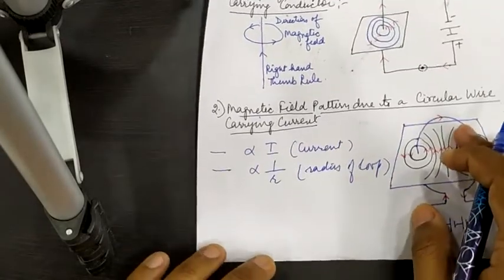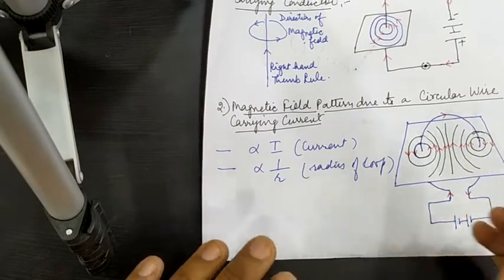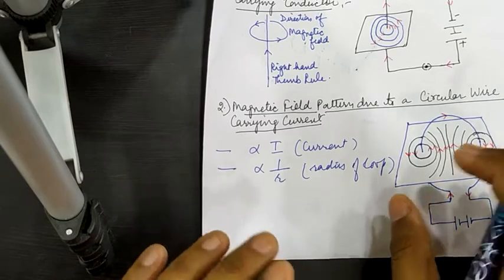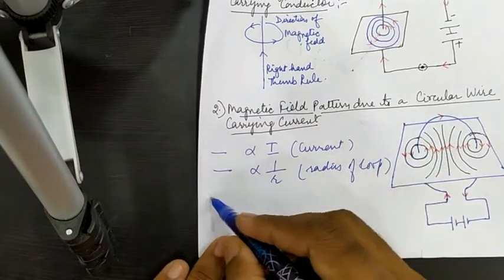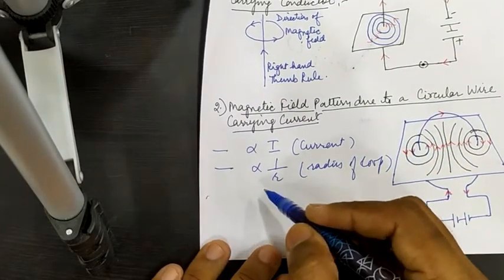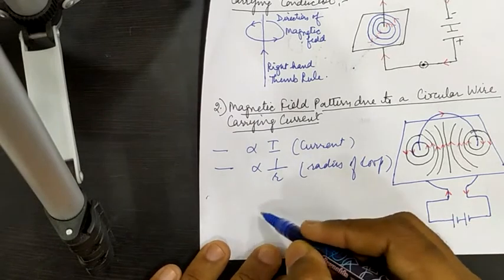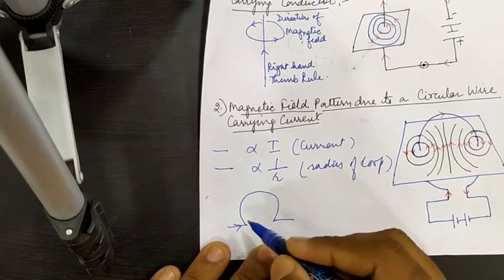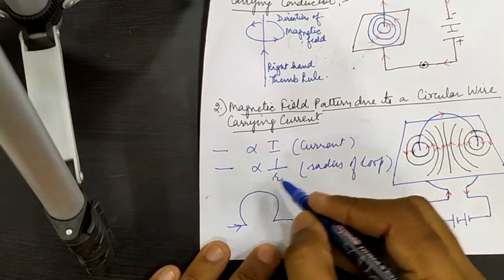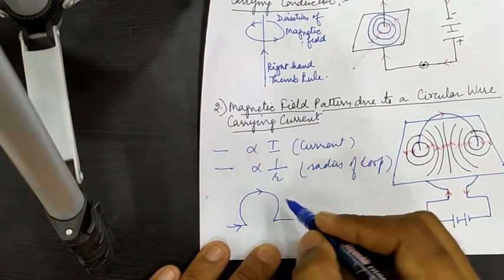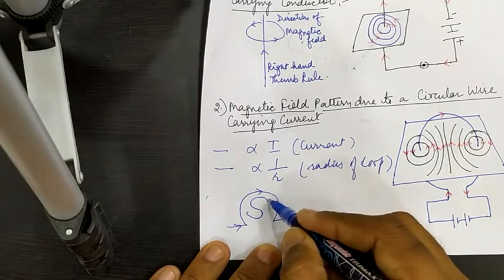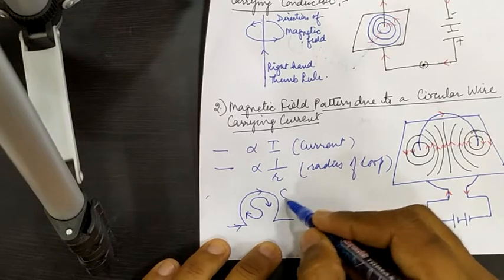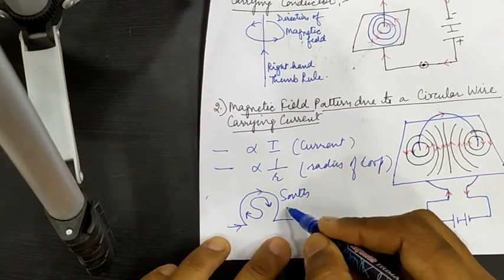Once you have such coils, if a magnetic field is being produced, obviously it should have north and south poles. So what is observed is that if current is flowing clockwise, then see, put the arrowheads of S and you will get the south magnetic pole. This is the south magnetic pole.